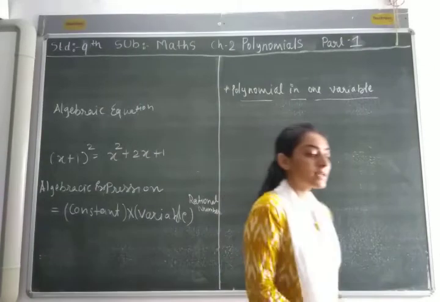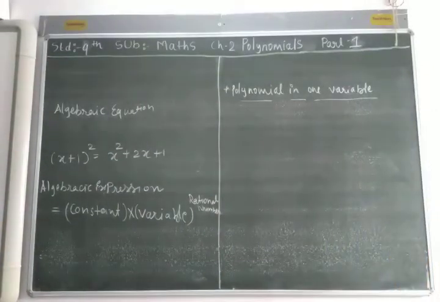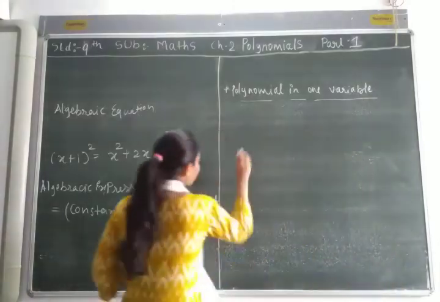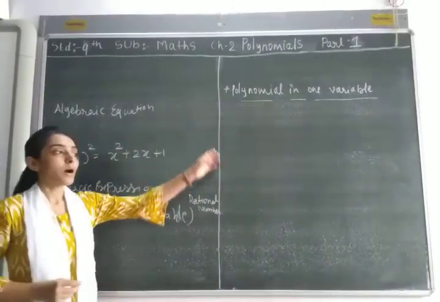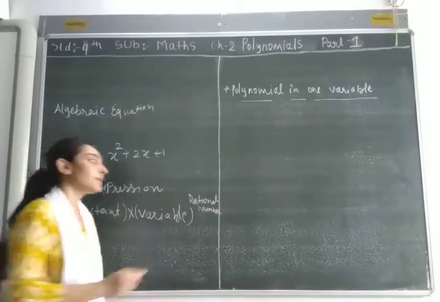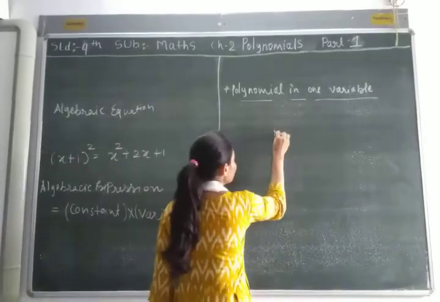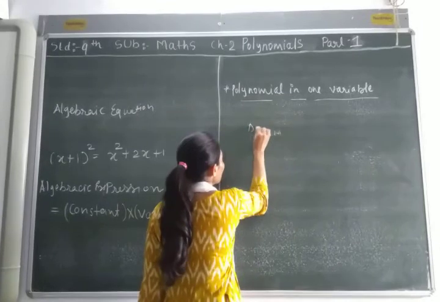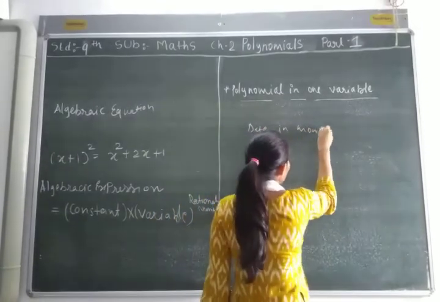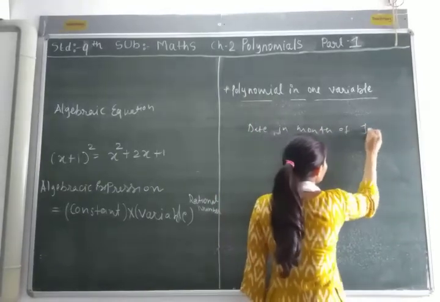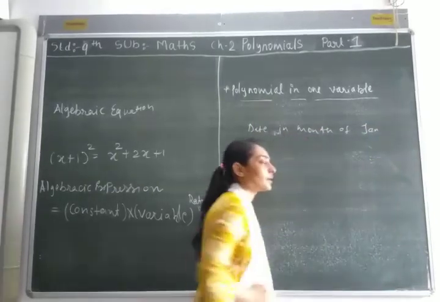Now let's understand what is constant and what is variable. Let's say a date in the month of January.